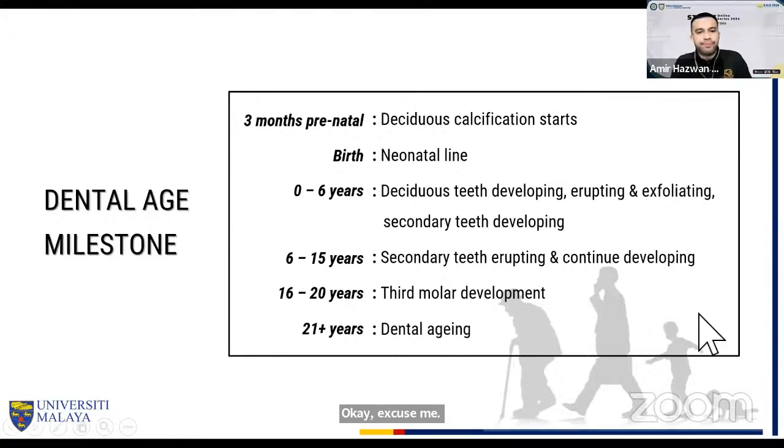So these are the dental age milestones that we have.